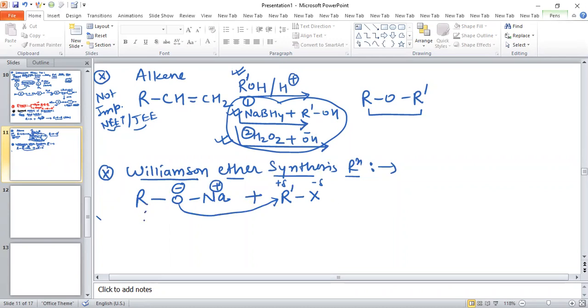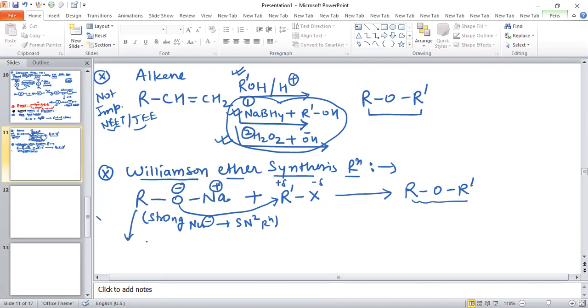This is a strong base, or you can say a strong nucleophile, and a strong nucleophile favors the SN2 reaction. So the product obtained will be ROR dash. The name of this compound is sodium alkoxide.